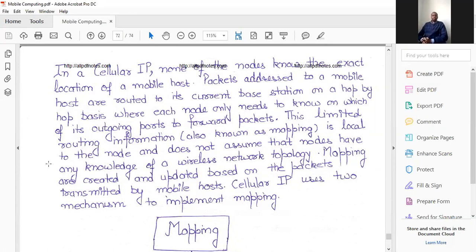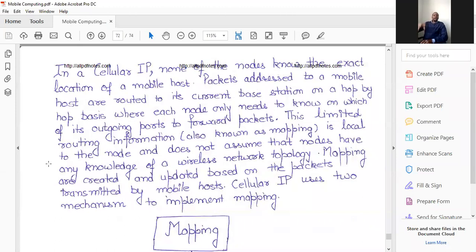So cellular IP uses the mechanism called mapping. And basically, mapping assumes that all the mobile devices that are communicating do not know or recognize the IP addresses of the others. Why? Because it would be inconvenient, since they are changing from one location or network to another. So there is a safe, workable assumption that all the others are unknown.